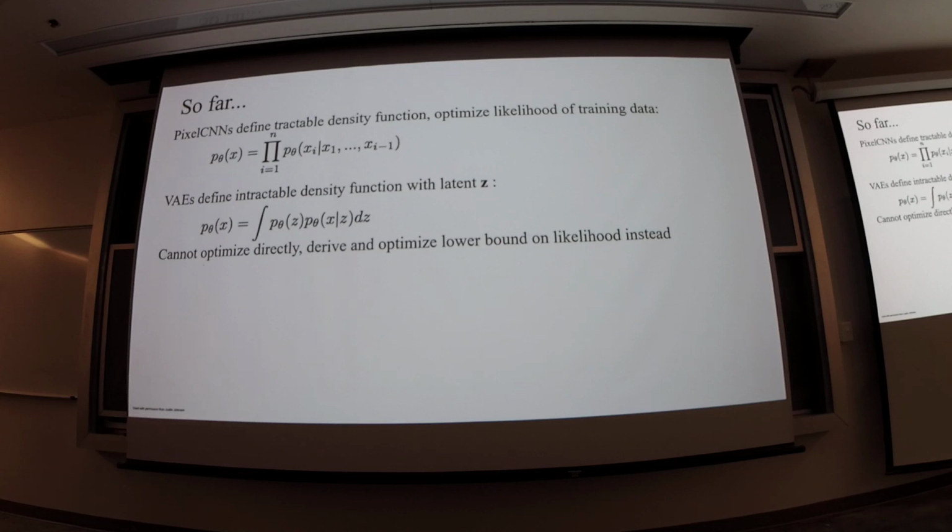It's a little hard for me to come up with better explanations, but the main difference I want you to remember is that pixel CNNs can only do stuff that is directly tractable, while VAEs take probability distributions that are not tractable and simply maximize the lower bound of these distributions, just because they're not tractable directly. That is the main difference.